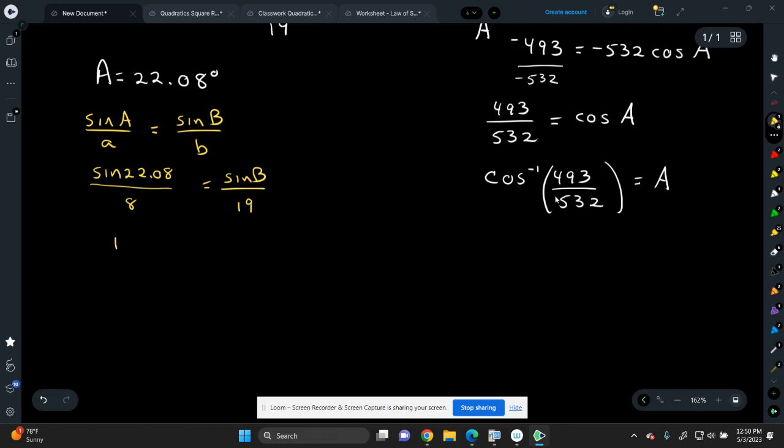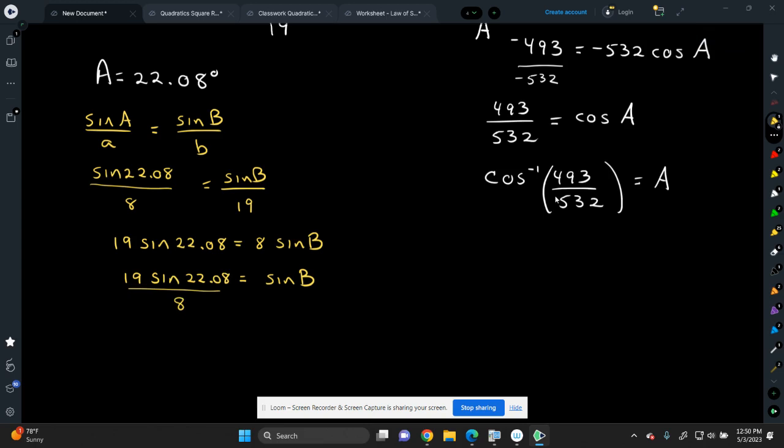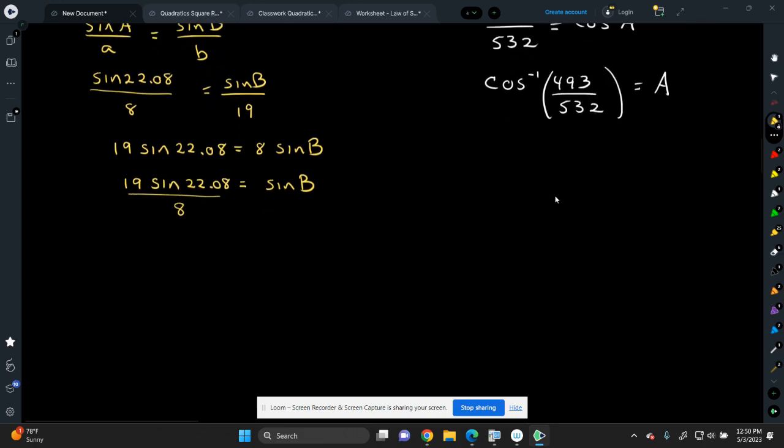So we get 19 sine 22.08 equals 8 sine B. So I'm going to divide by 8, and then we'll take the inverse sine.